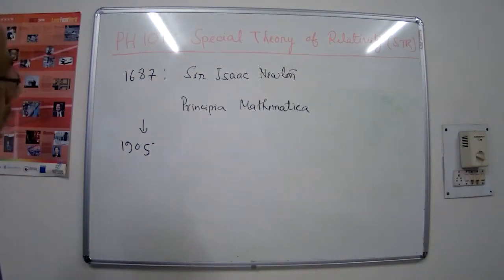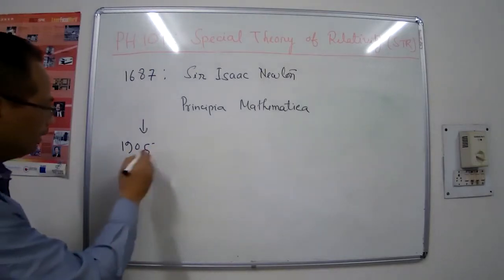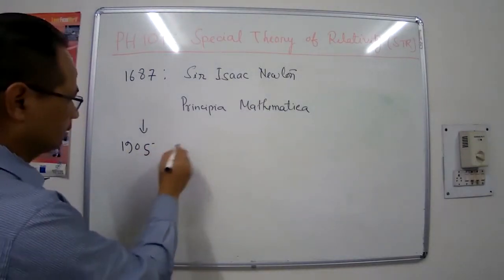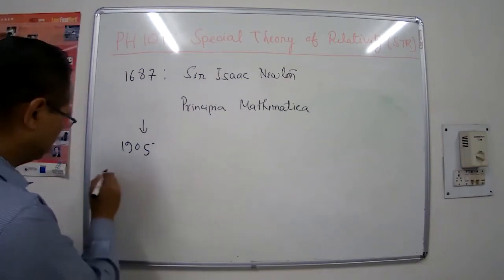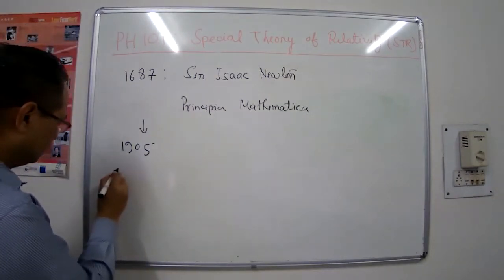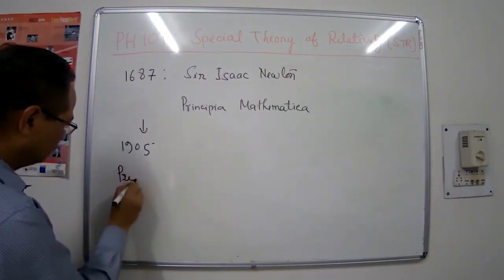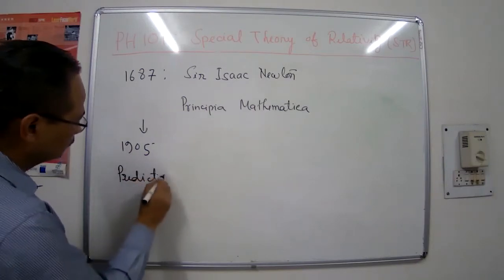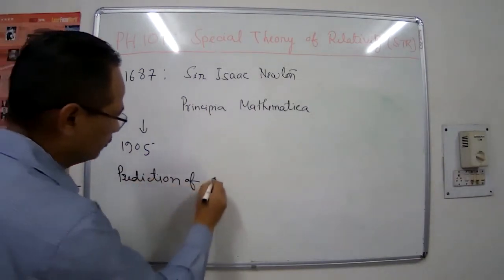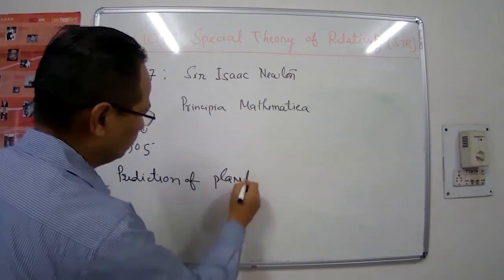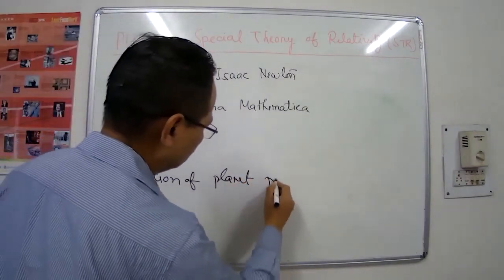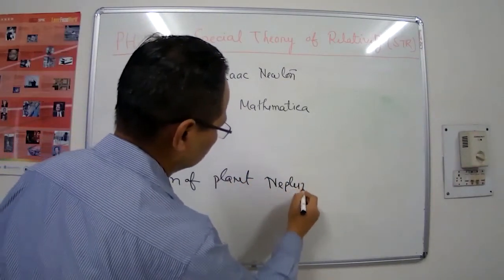So one very important success of Newtonian mechanics was the prediction of the planet Neptune.